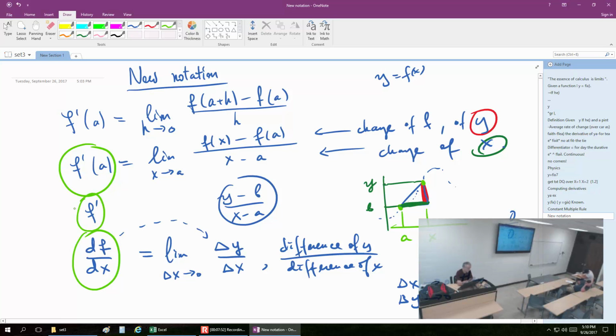These are two names of the new function. f naturally is the name of the old function, and f prime or df over dx is the name of the new function. So the new function is derived from the old, and hence the differentiability.